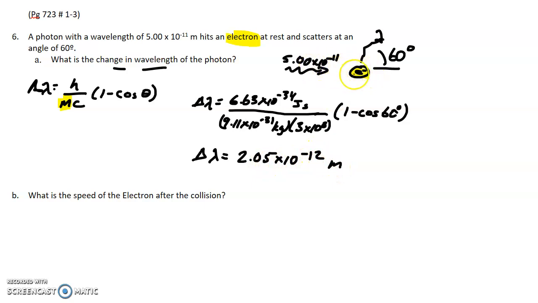Because it's transferring some of its energy to this electron as it collides and bounces off, this particular wavelength is going to be 5.2 times 10 to the negative 11 meters in terms of its length. Which leads us to the last question.